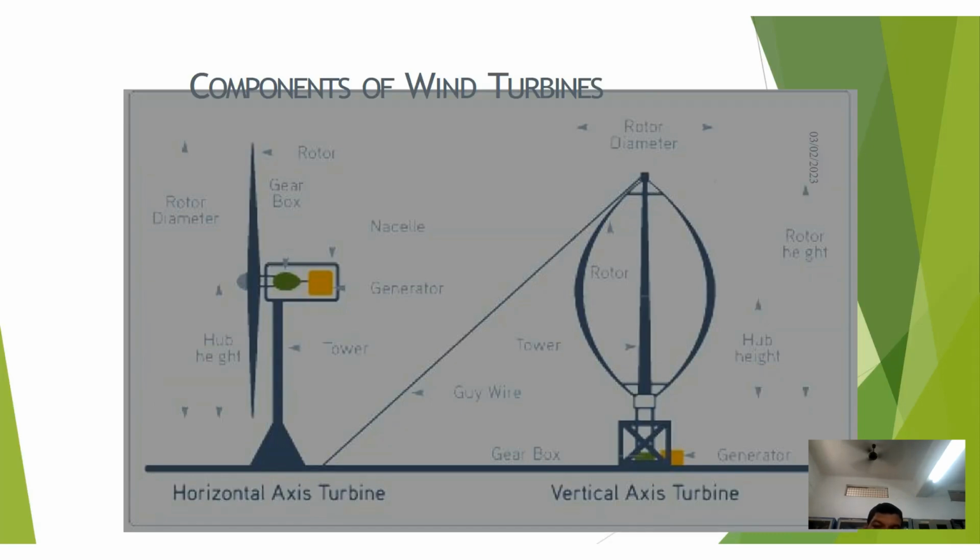So in horizontal axis, the gearbox and generators are placed parallel to the earth surface, whereas in vertical axis, the gearbox and generators both are placed on the earth surface. So it again contains the rotor, gearbox, generator, and we have the turbines.